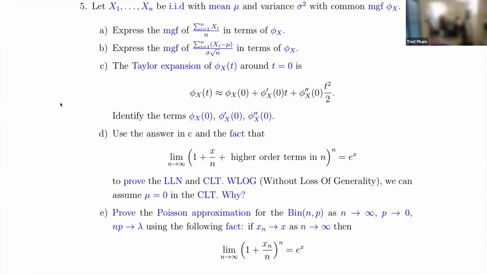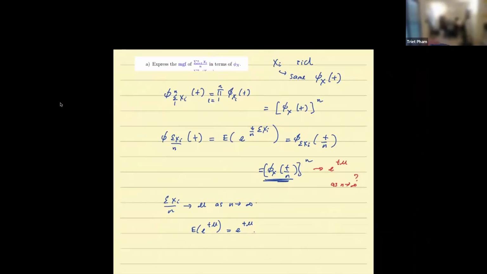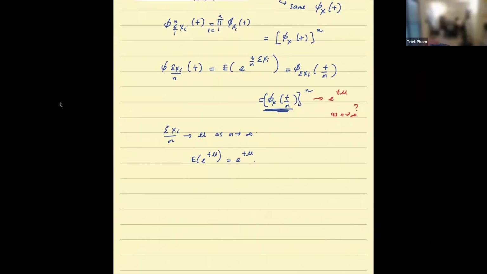And you will see that the Taylor expansion gives us the universal structure that we need to analyze the convergence.